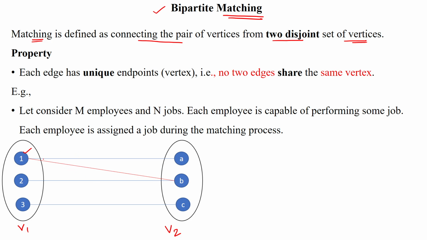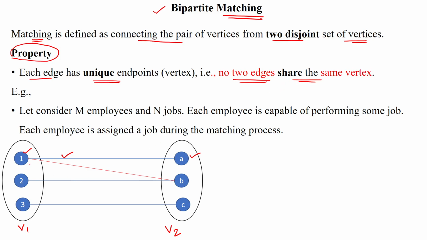Here we are connecting a vertex from V1 with a vertex from subset V2. So that is called matching. When we do that matching, we should satisfy this property: each edge should have only unique endpoints. That means no two edges can share the same vertex.